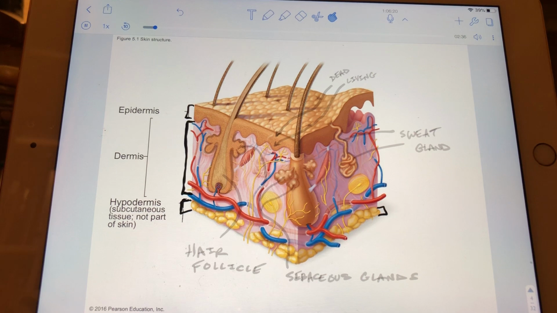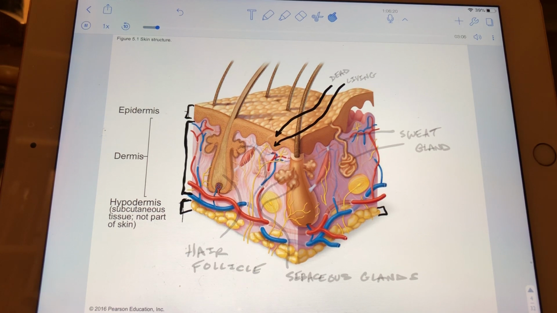Here is epidermis, and the illustrator, at least at this scale, has made a fairly subtle attempt to show a difference in texture between dead keratinized stratified squamous epithelium and living keratinized stratified squamous epithelium.